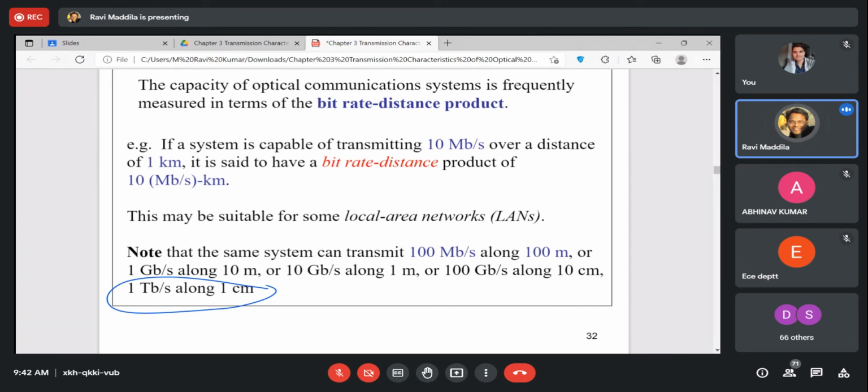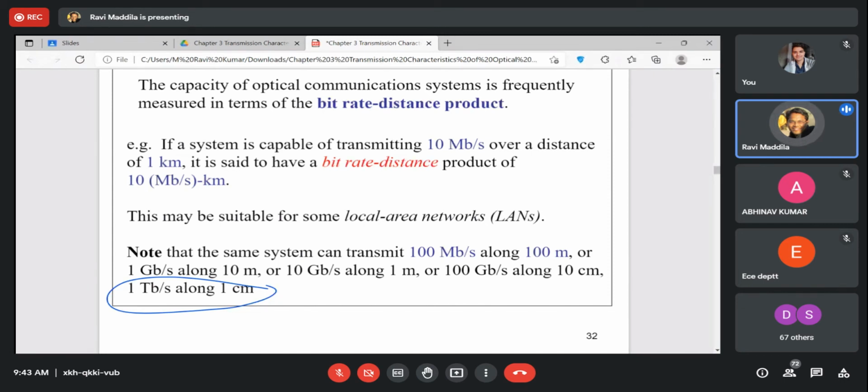I don't know if you have come across this network on chip concept, but it's possible that on a same chip you can have different components which need to communicate at a very high speed. So that is possible with this optical fiber communication.